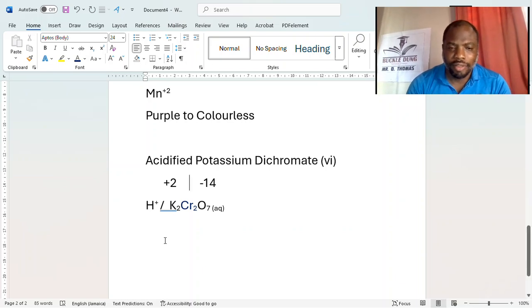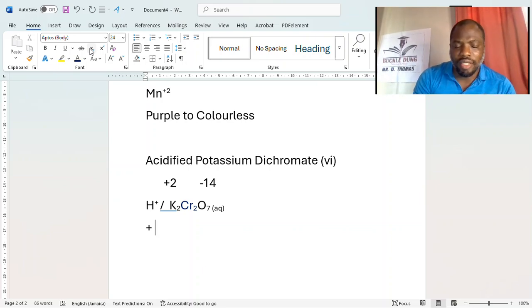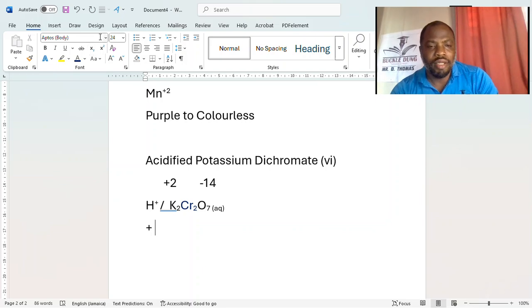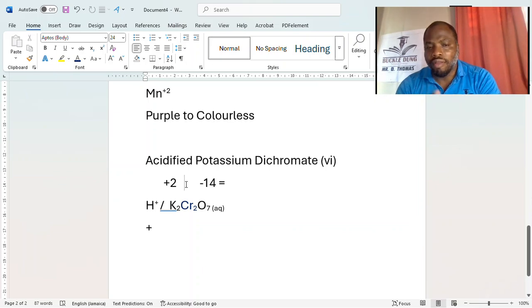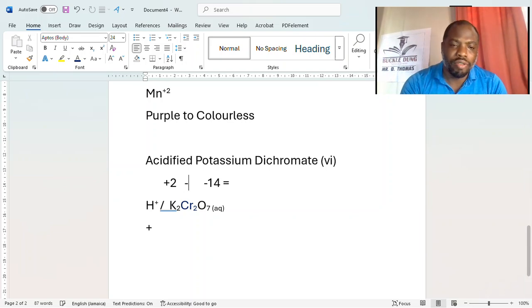So when you add these, if you go back to working out all these oxidation numbers, if we want this to be equal to 0, then of course the both of them, because remember we have two chromium ions, the both of them will equal a positive 12.